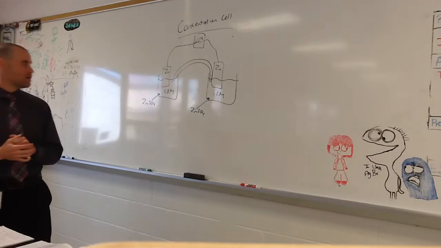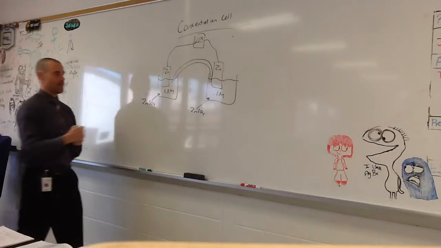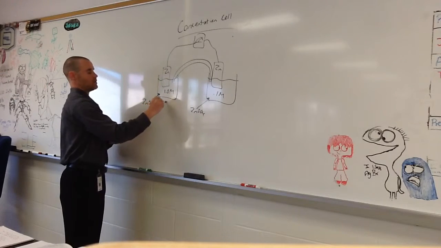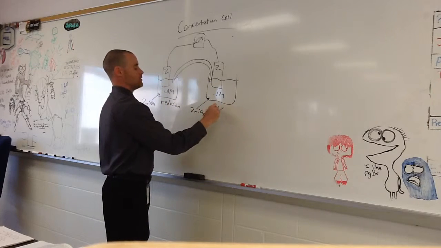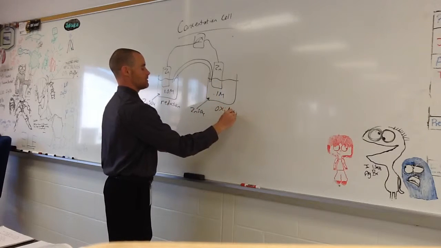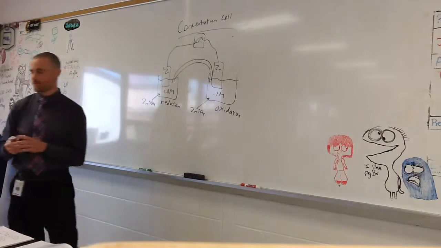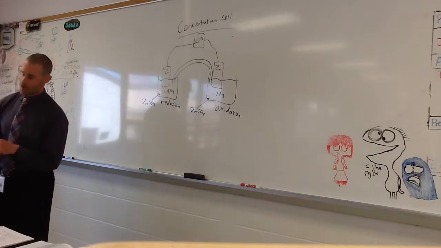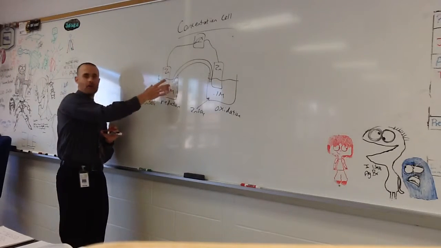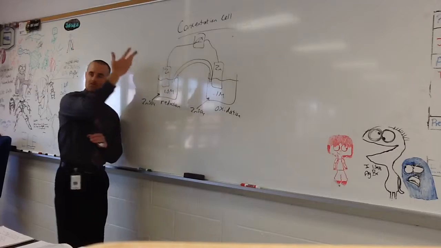The more concentrated side, this side, is where reduction takes place. The less concentrated is where oxidation takes place. It's good I drew it this way because usually I draw it the other way. Usually we always put our anode over here, cathode over here, but this one is flipped.